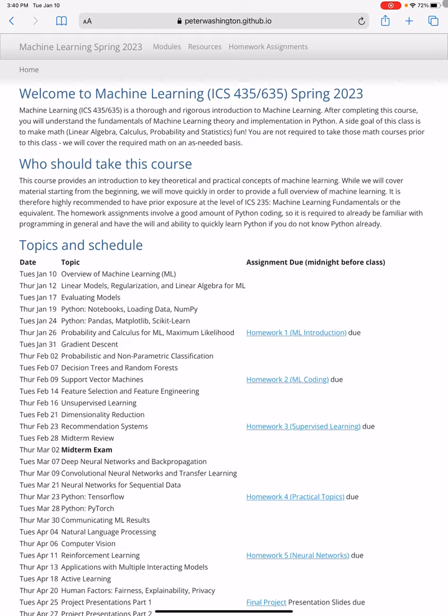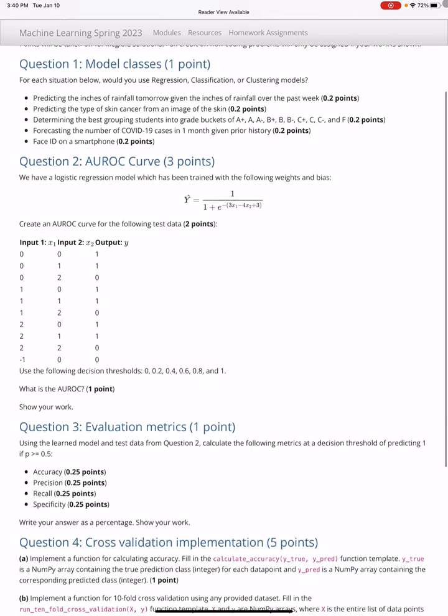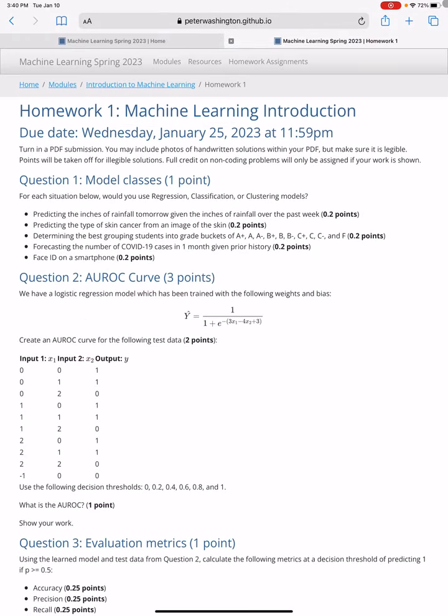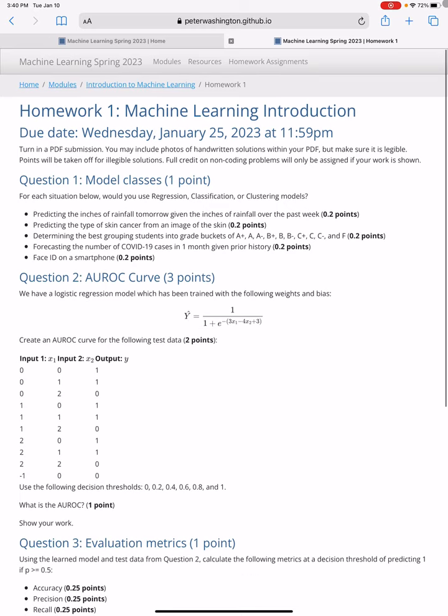It's publicly available, and you can take a look at the homeworks, the first 4 of which are already posted. You can look at homework 1 and say, this is too hard, I don't want to take this class, or this is super easy, this is going to be a breeze. I imagine, given your background, it'll be the latter.